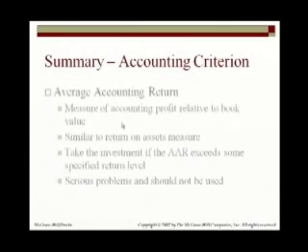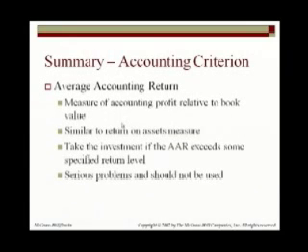The accounting criteria that we talked about was average accounting return. It's a measure of accounting profit relative to book value. It is similar to return on assets, but it is not really a return, because when you take an average of one thing divided by an average of another, it's not clear what you're taking a return of.